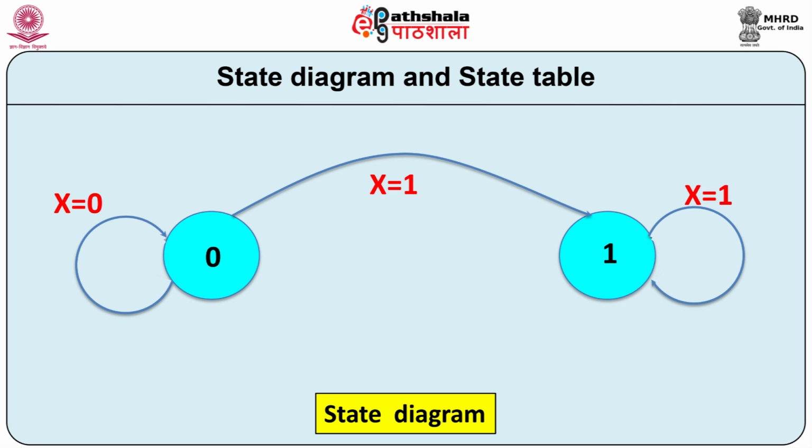When the circuit is in state 1, if x becomes 1, then the circuit remains in the same state, then self transition takes place. When x changes to 0, then the circuit switches to state 0. This results in state transition for the circuit.